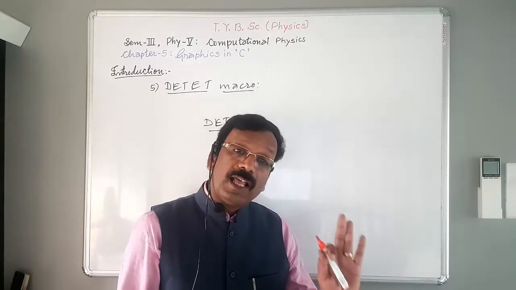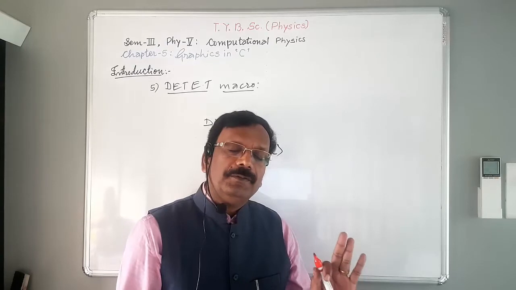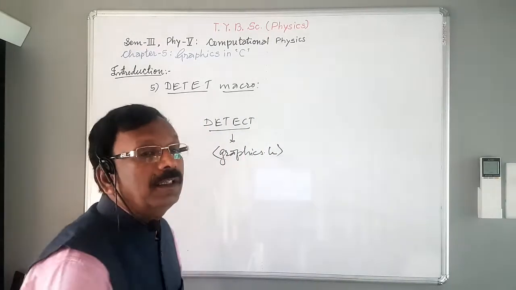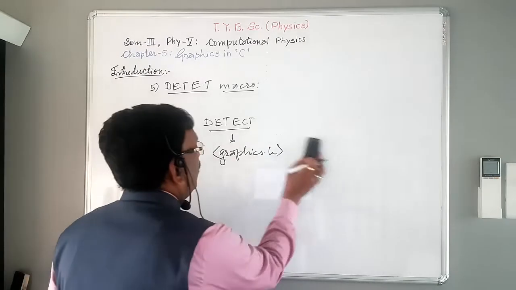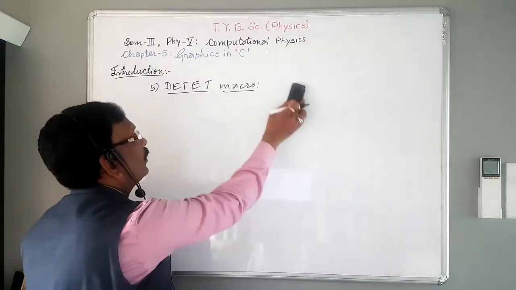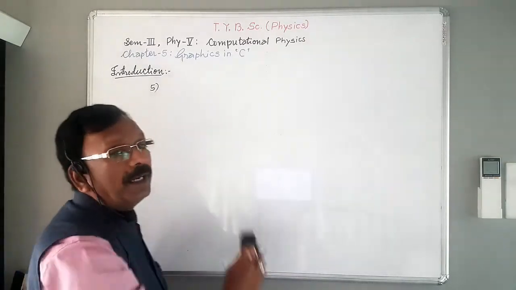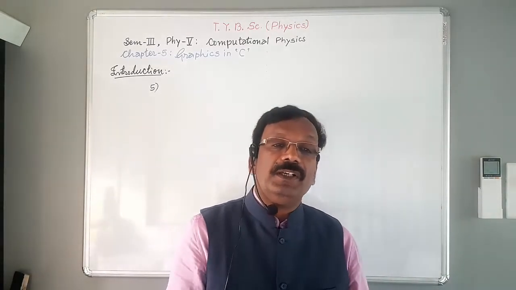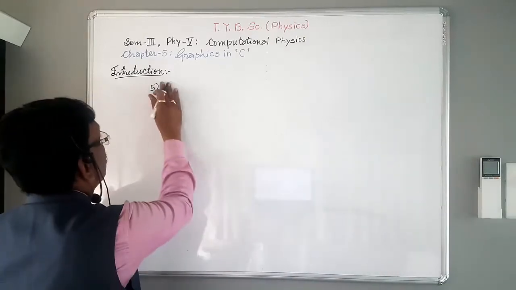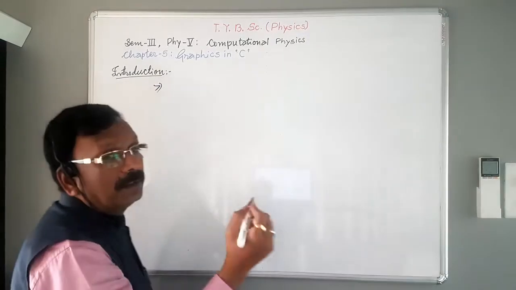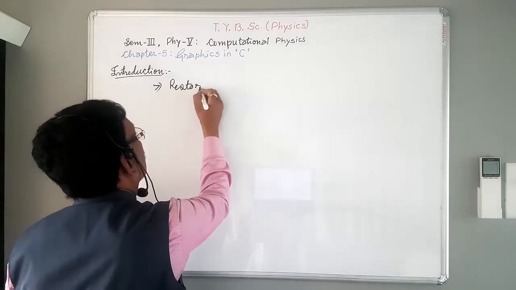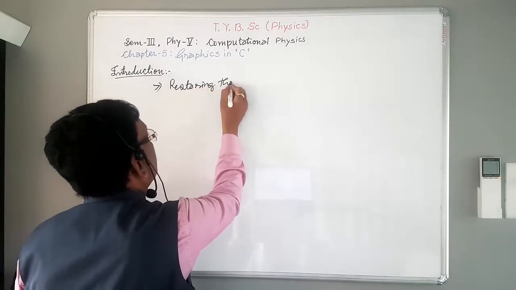Okay. Now the last concept, which is very important, restoring the text mode. When we use graphic mode, before that we have to restore it. So point number 7, restoring the text mode.